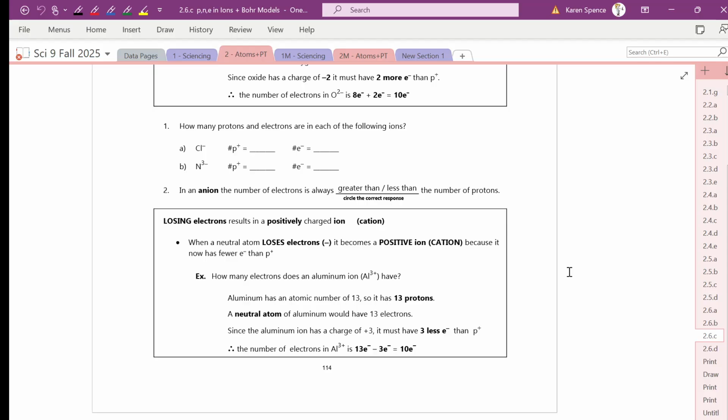It'll be like, please draw me a Bohr model of a nitrogen ion. It'll be like that, okay? So really what you're doing on pages 111 through 114 is kind of like quiz stuff, yeah? And if you finish this and you want to work ahead, feel free to go ahead to page 115. Don't be shy.